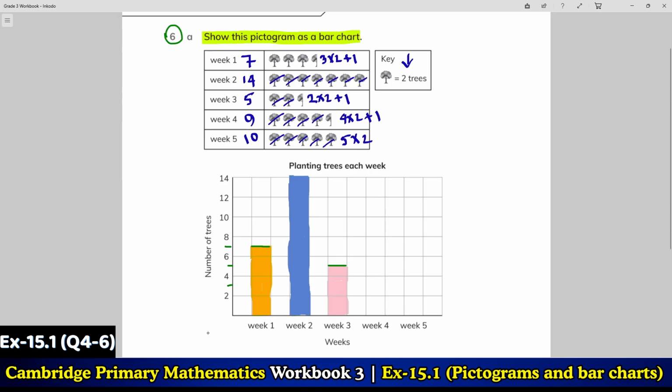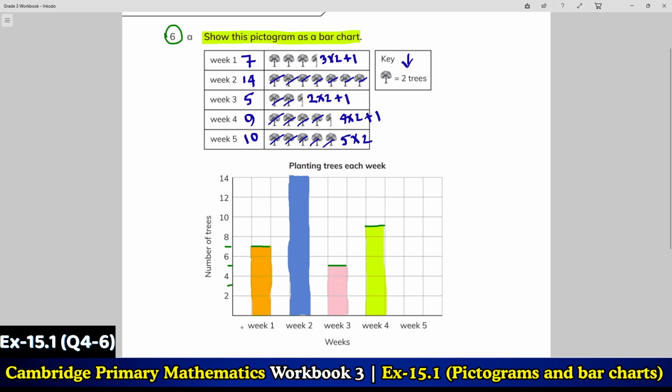Week 4, here is a 9. 9 means it's between 10 and 8. So this is 9. And we can draw like this one. Okay. So in your exam, no need for a different color. You can draw with the same pencil.